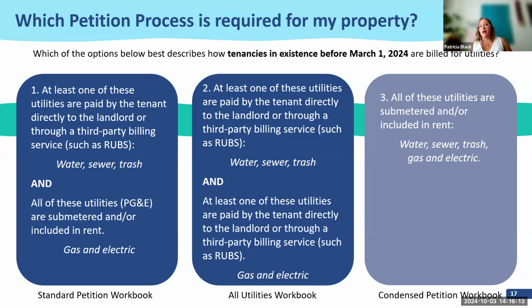That will have an expanded workbook. And then our condensed petition is for properties where everything is already submetered and/or included in the total rent. That one will require less documentation and less work overall. The forms help you determine which one you are, and we will provide any guidance that we can if you have questions about which workbook you should be using.